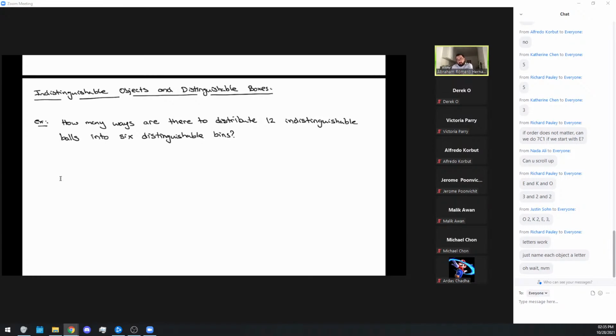How many ways are there to distribute 12 indistinguishable balls into 6 distinguishable bins?